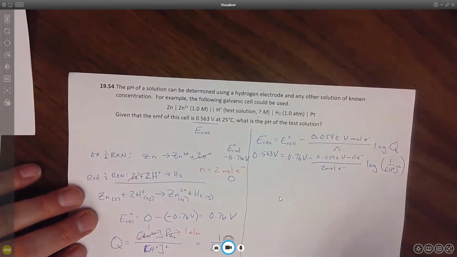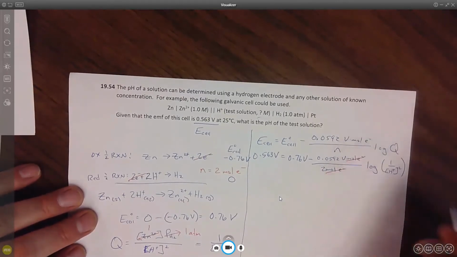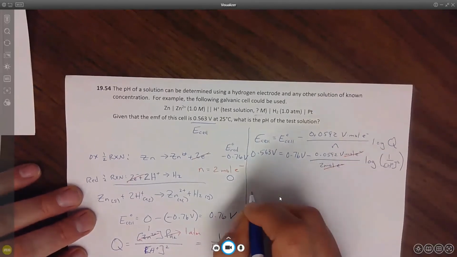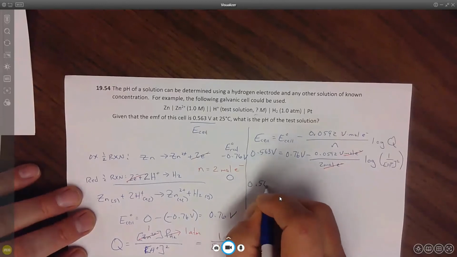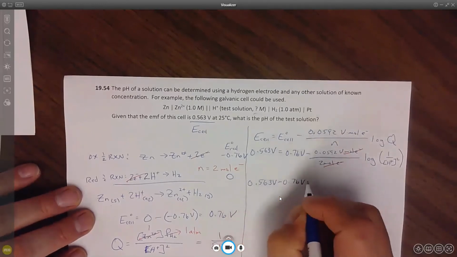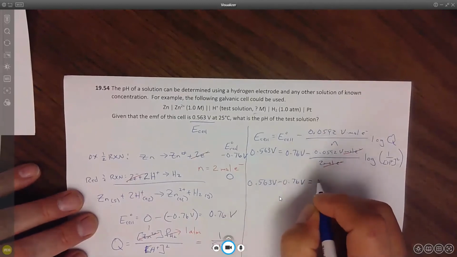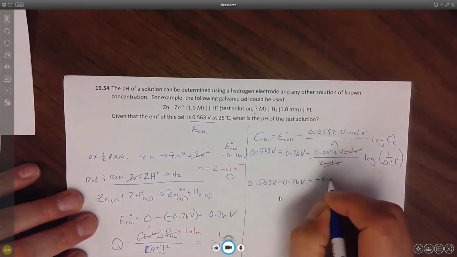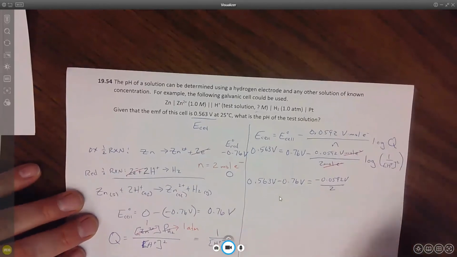So first thing I note is that the mole of electrons cancel. I'm going to bring this to this side, so this is going to be 0.563 volts minus 0.76 volts is equal to negative 0.0592 volts over 2. Then we have this.